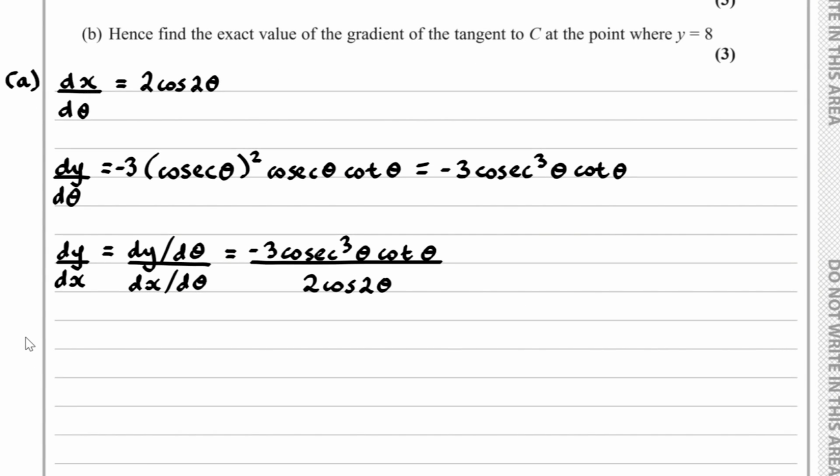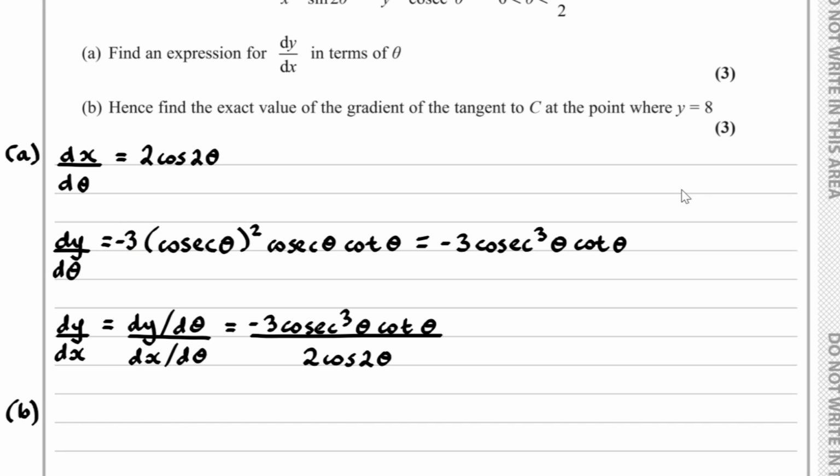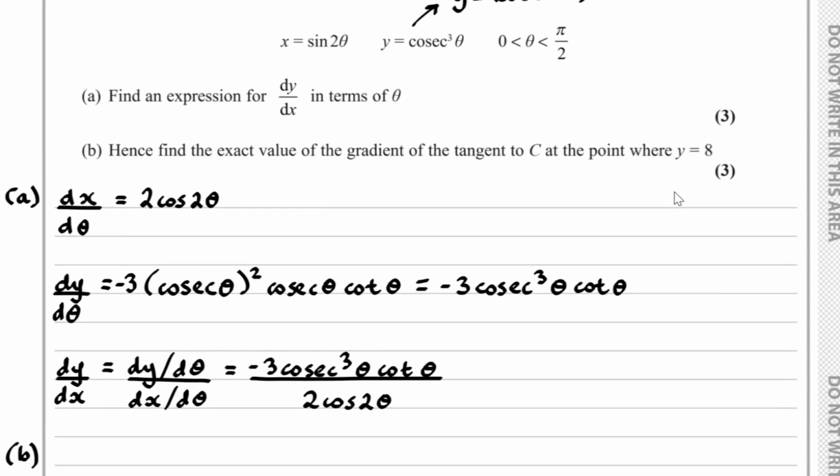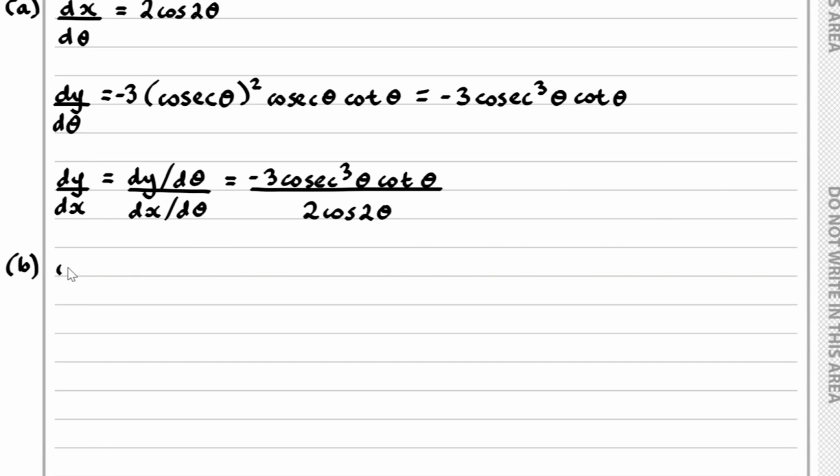For part B, hence find the exact value of the gradient of the tangent to C at the point where y equals 8. Well, what we need to do is find out the corresponding theta value. Now, when y equals 8, we have cosec cubed theta equals 8.